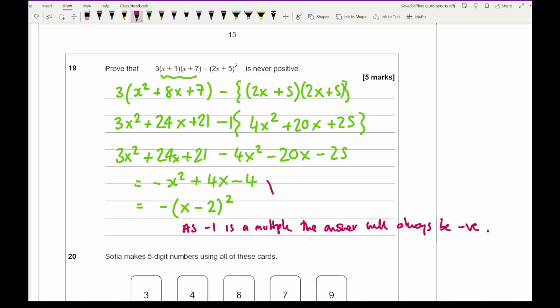And again, if you're not sure about how I've got from there to there, if I take a minus out, I end up with x squared minus 4x plus 4, then I can factorise this, because I've got two numbers that multiply together to equal 4, and added together give me minus 4, so that's going to be x minus 2 times x minus 2, which ultimately will lead me to that.